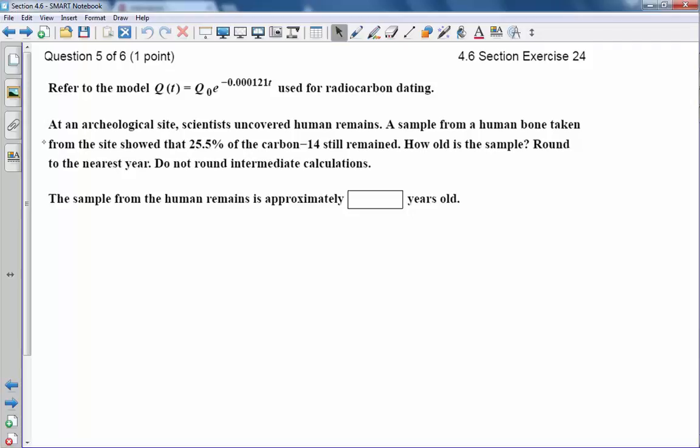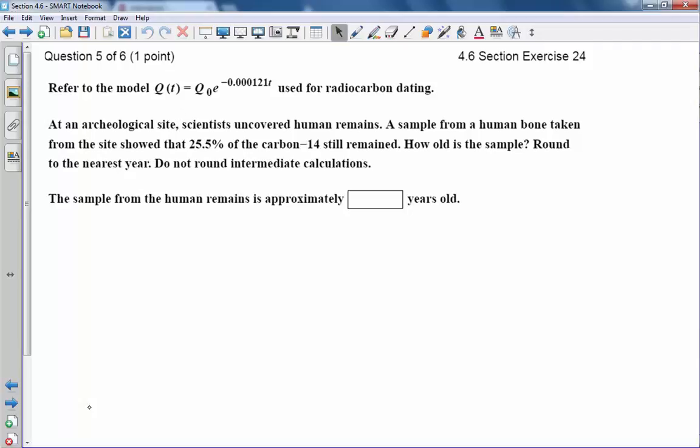As we found a human bone, we don't know how many years before this human lived. We are trying to date it. And what we measure is that right now in that bone, only 25.5% of the original carbon is left. So there is an original quantity we don't know.